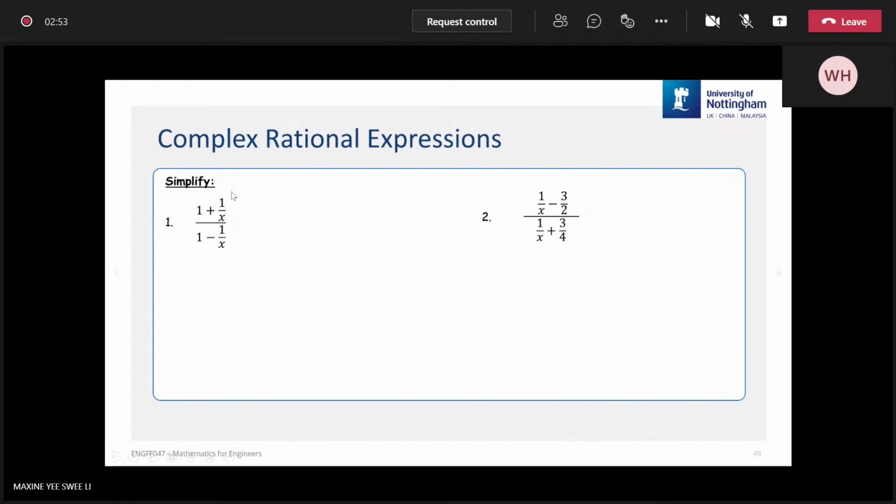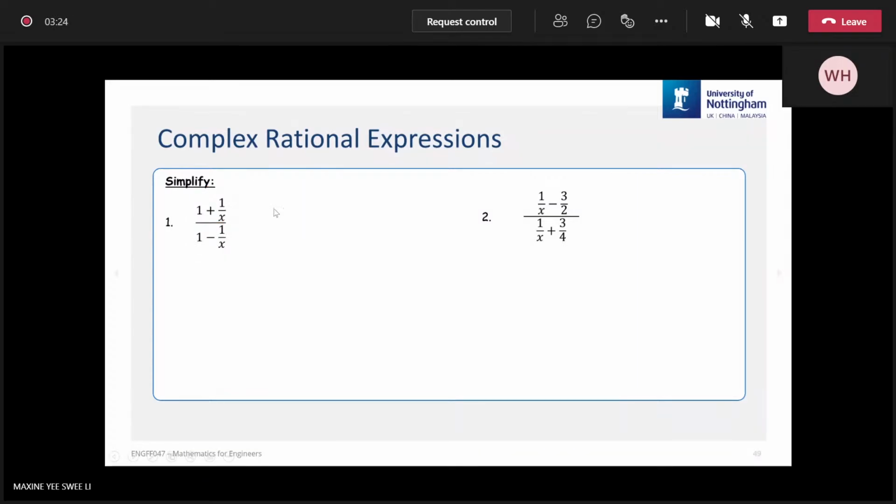Okay, so when we are asked to simplify these complex rational expressions, we usually rewrite the numerator into a single rational expression. So we work on the numerator and the denominator separately so that it becomes a single rational expression. So that's the way to simplify it.